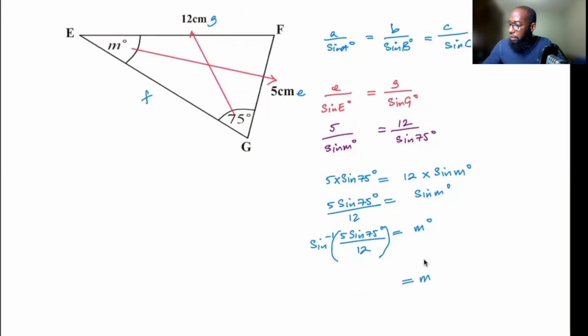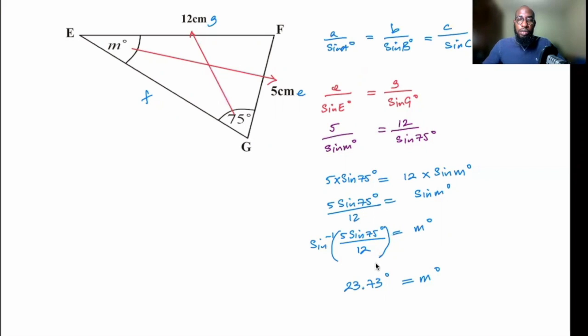Put that in a calculator. You have to press second function sine to get sine inverse: 5 multiplied by sine 75 divided by 12. On my calculator, I have 23.73 degrees.